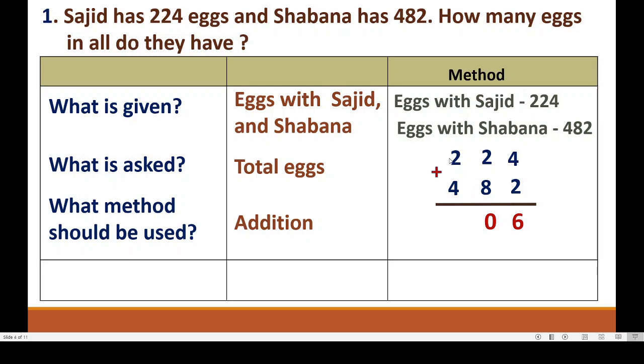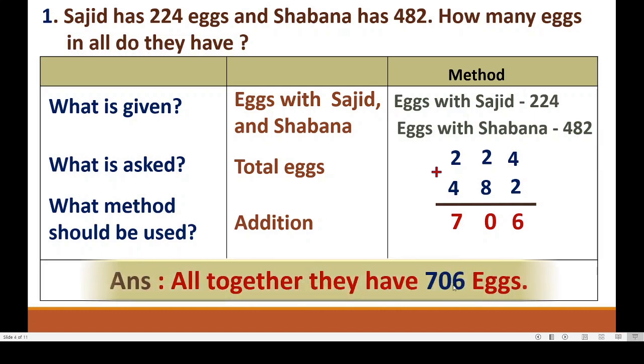Correct? Now what we will do now? Here 1 plus 2 plus 4, that is how much? 7. So the total is 706. Means here we will write answer. Altogether they have 706 eggs.